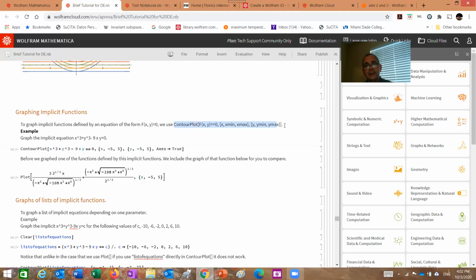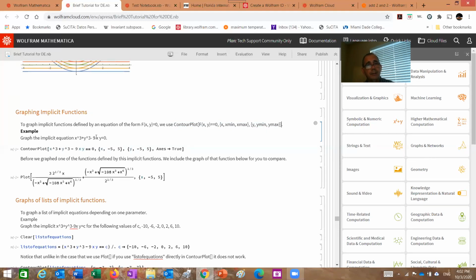It looks like this. Notice that in ContourPlot, the C has to be written with a capital letter, the P with a capital letter, and then in between the brackets that start here and end here, we have first the equation with a double equal sign, and then the x goes from a certain number x minimum to a number x maximum, the y goes from y minimum to y maximum.